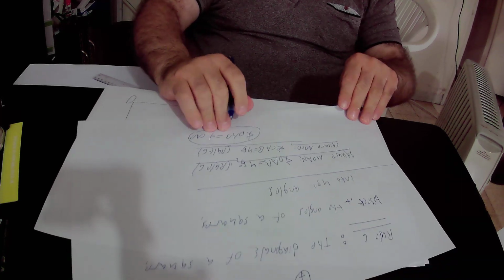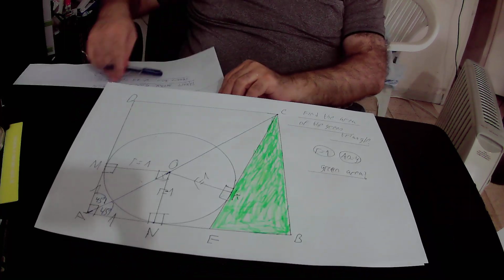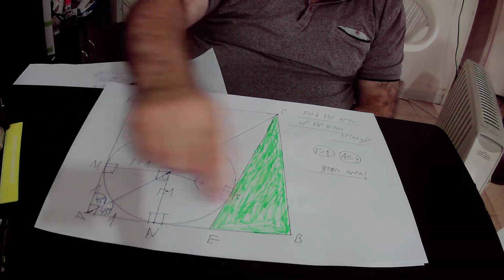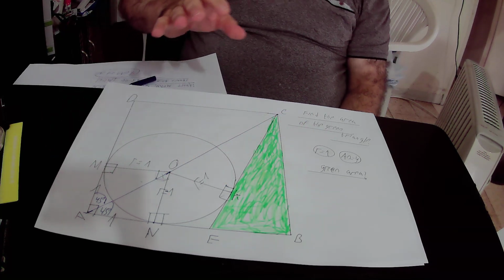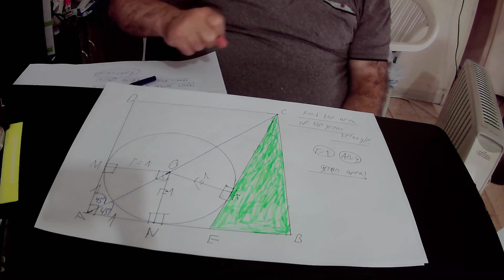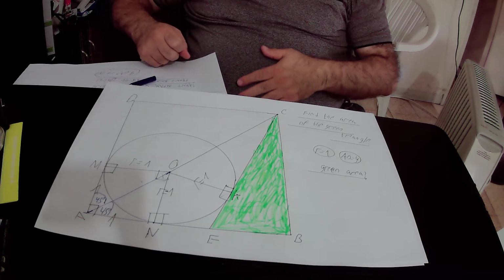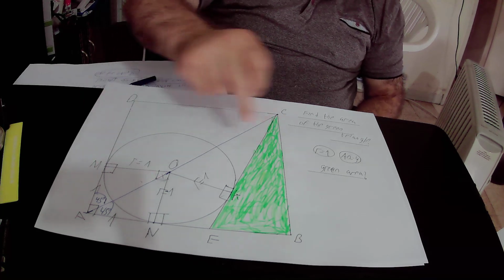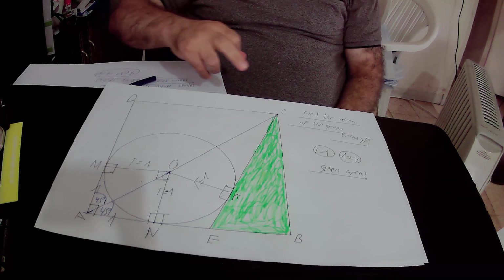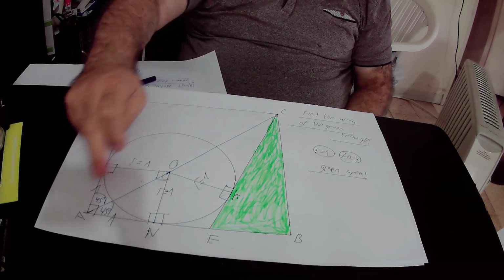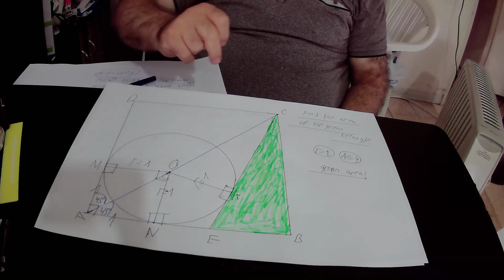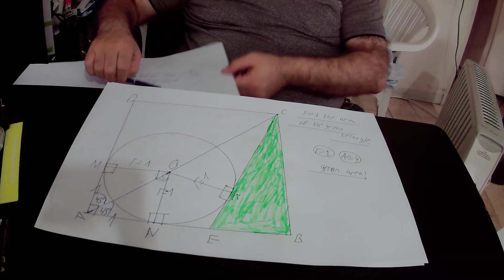Both angles are equal to 45 degrees. And from the fact that angle CAB equals angle OAB, we will conclude that the diagonal CA of square ABCD passes through point O. Okay?